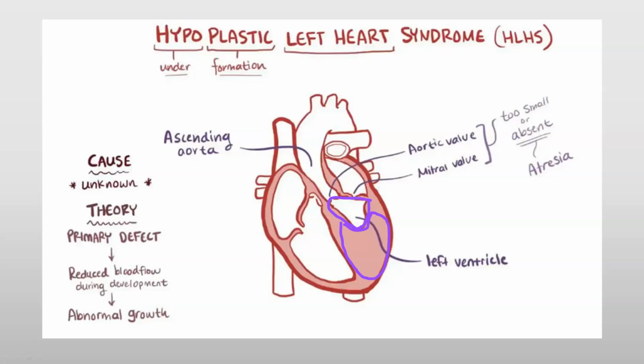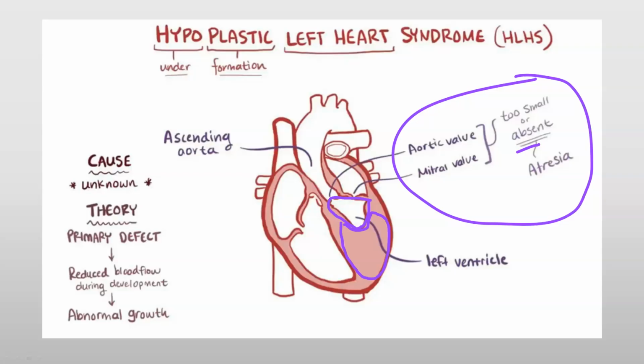So, unfortunately, that muscle is going to be thick. It's going to be resistant to actually pumping. You can have issues with your valves. So on the left side of the heart, the aortic valve and the mitral valve can be too small or absent. And again, you can see why this might require surgery. And it's a T word. You know it needs surgery.